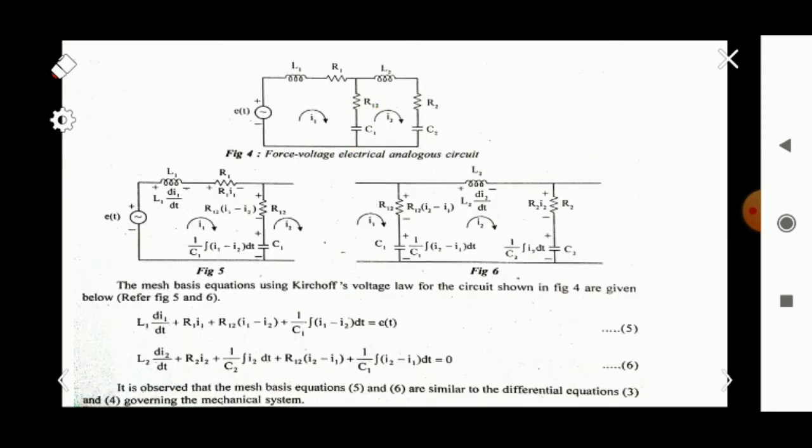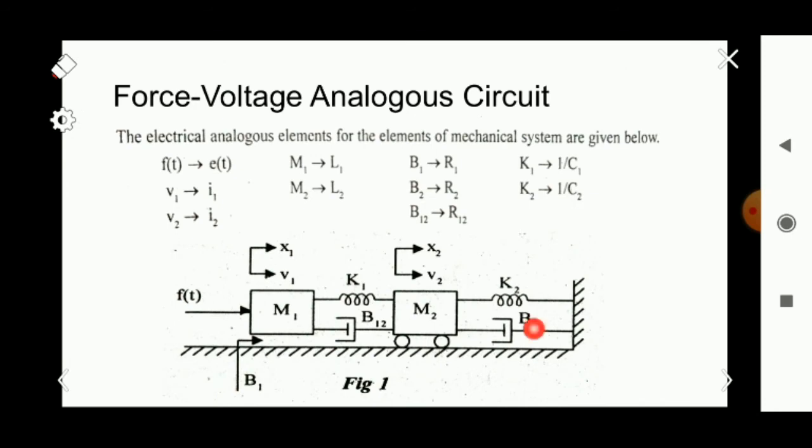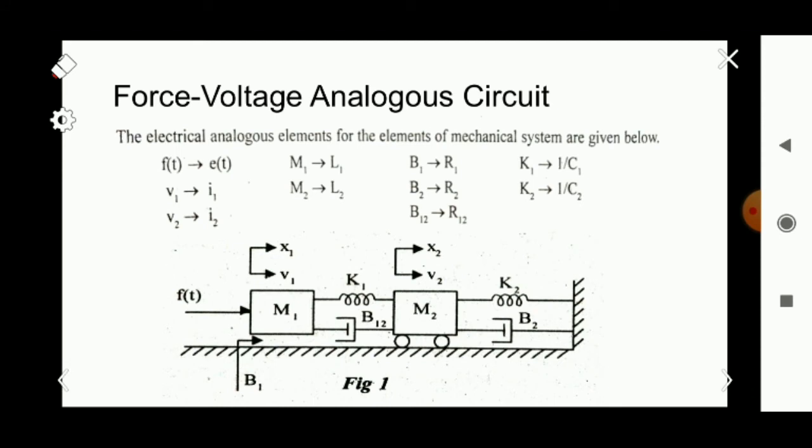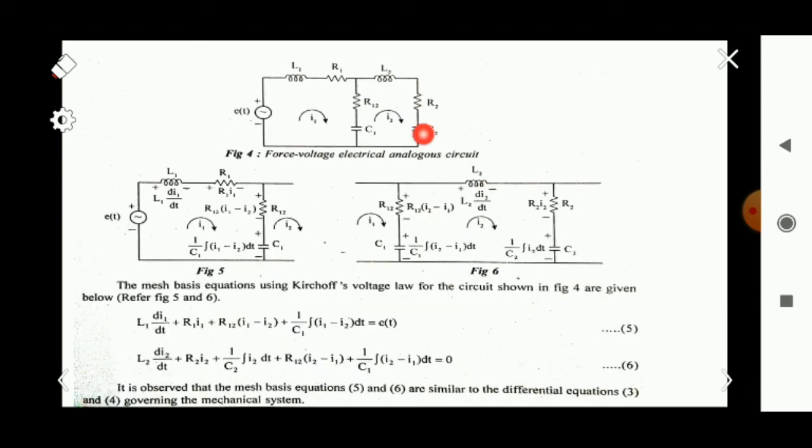So we draw the second loop: instead of M2 an L2, instead of B2 an R2, and instead of K2 a capacitor C2. So this is the second loop.